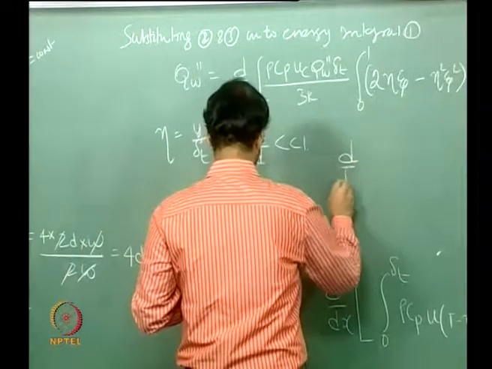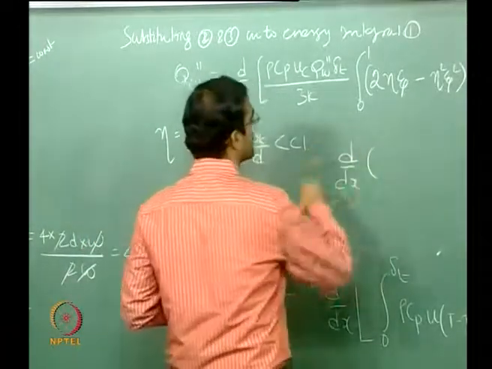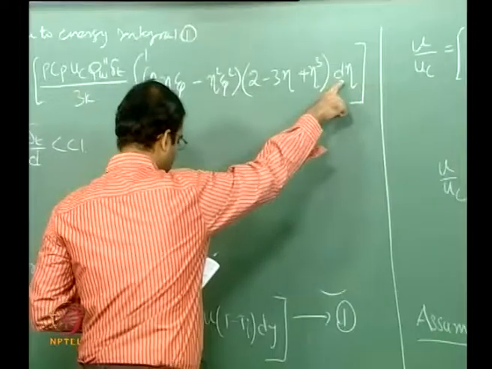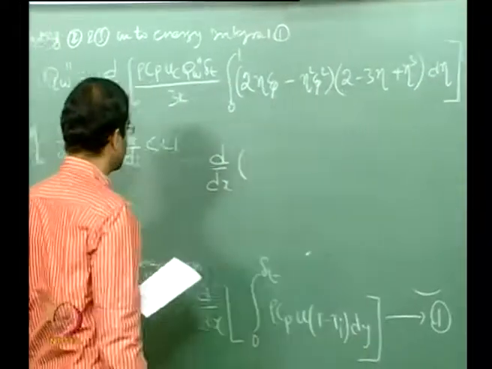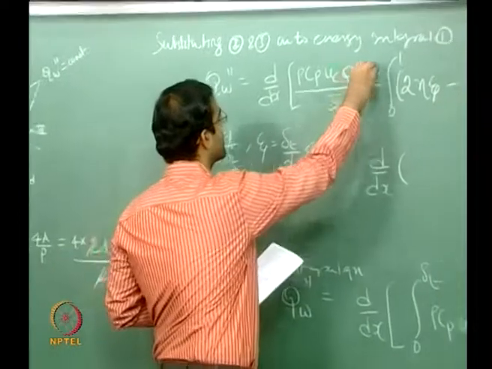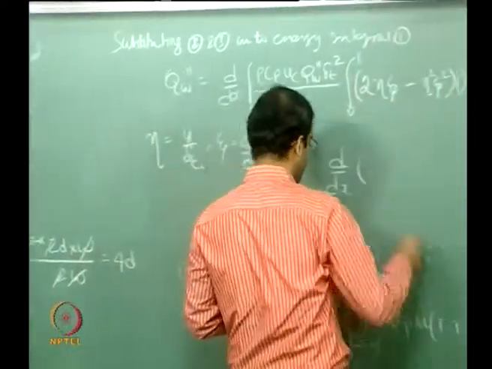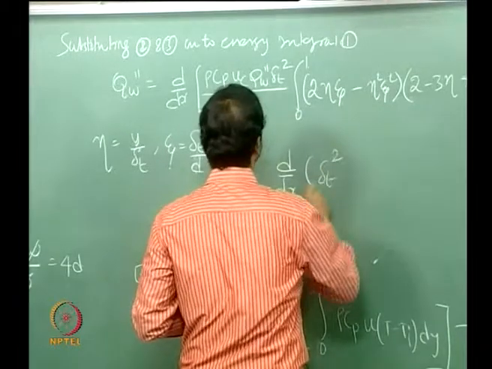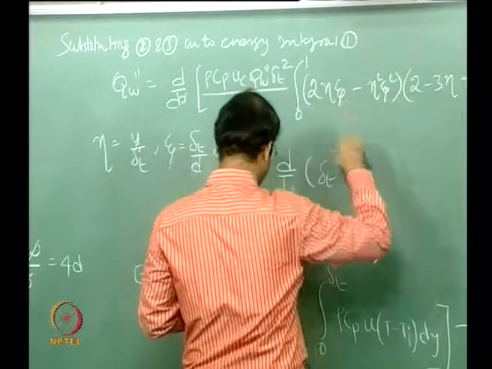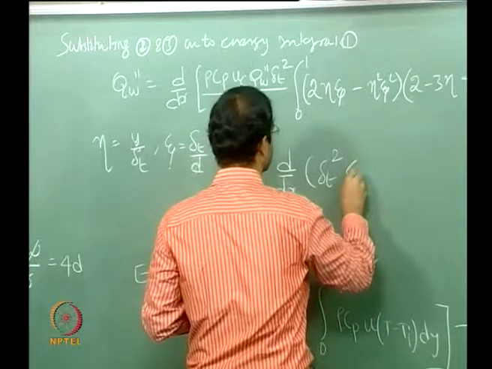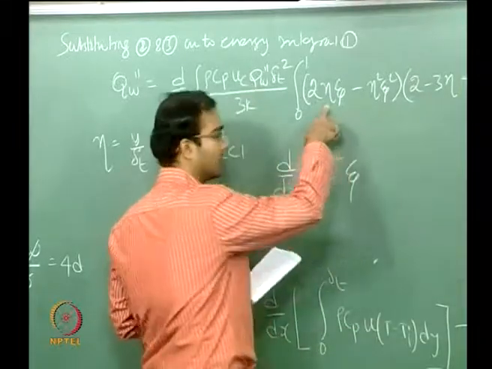and you should be getting an equation which is d by dx. So when you write in terms of eta here, one more thing, your y was eta into delta t, so this becomes delta t square. If you integrate it out, you will get a constant times your zeta, because you are integrating with respect to eta.